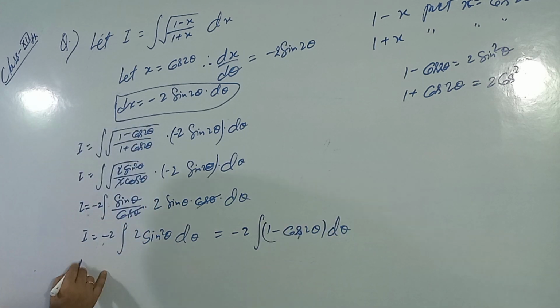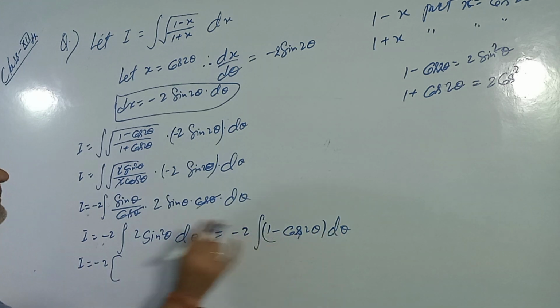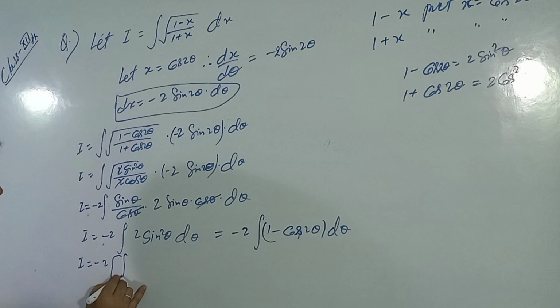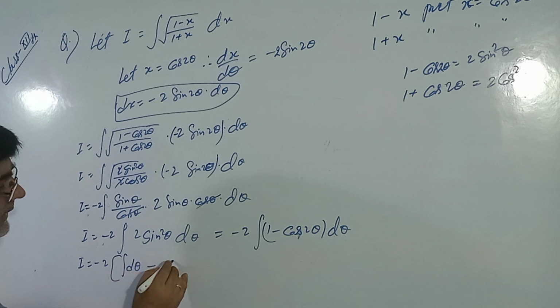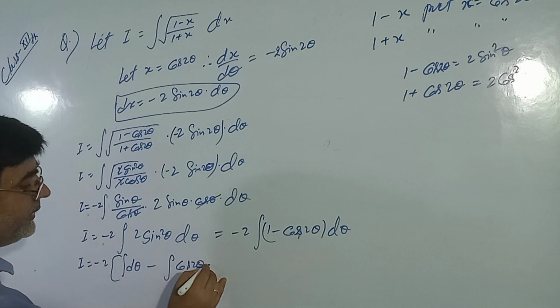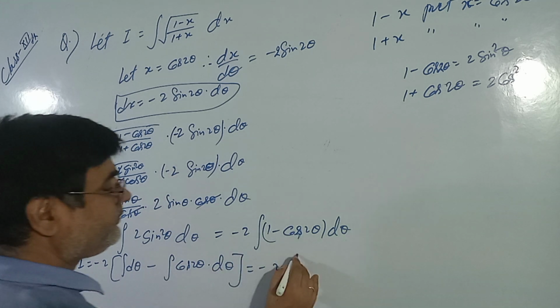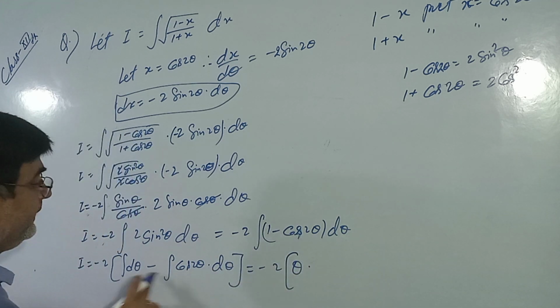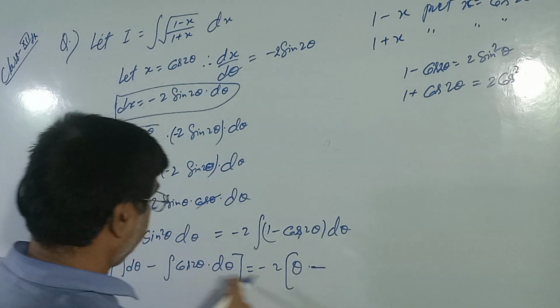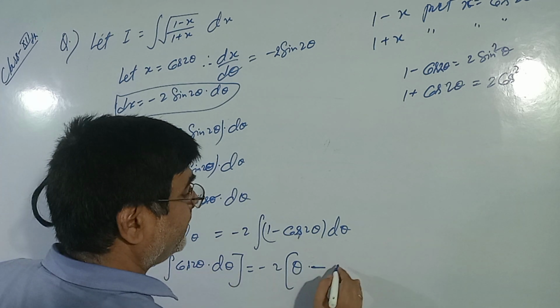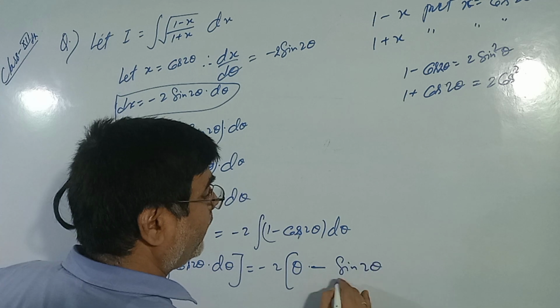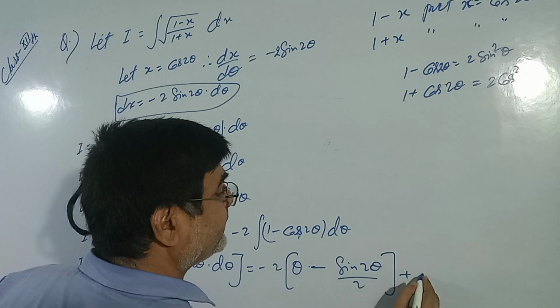So I equals minus 2 times the integral of d theta minus the integral of cos 2 theta d theta. So minus 2 [theta minus sin 2 theta over 2] plus c.